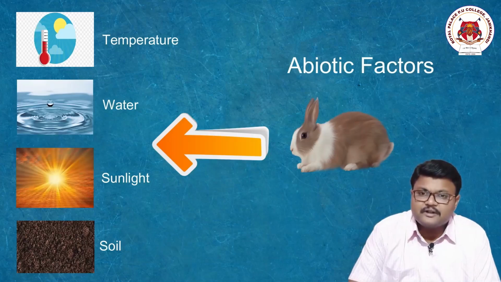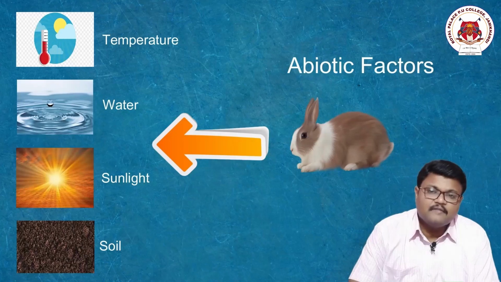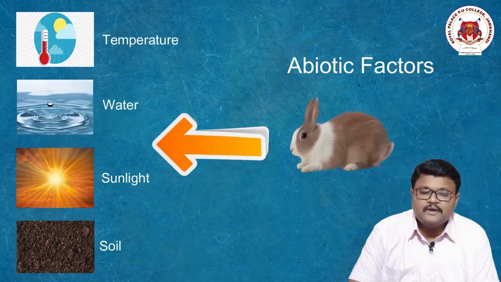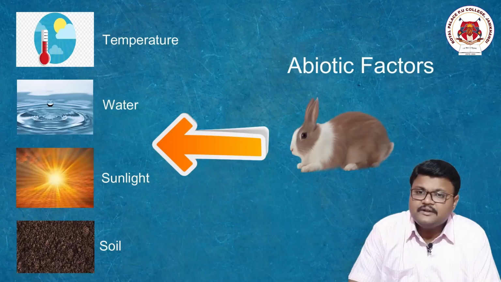Now, in this consideration, we need to understand that there is a study going on of how the rabbit is growing and how the rabbit is interacting. Is it interacting with its own species or with other species, and is it interacting with respect to biotic and abiotic life?